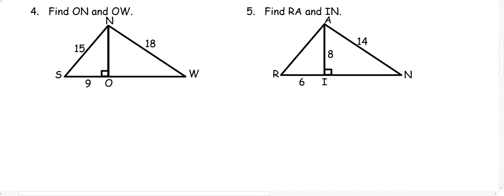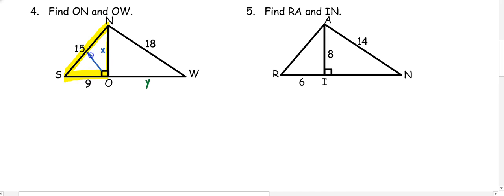Number four, find ON and OW. So we're going to put a variable by each of those. ON I'm going to call x, and OW I'm going to call y. So first I need to look for a triangle that has two sides in it with numbers. So we're going to use triangle SON first, and we're going to solve for x.